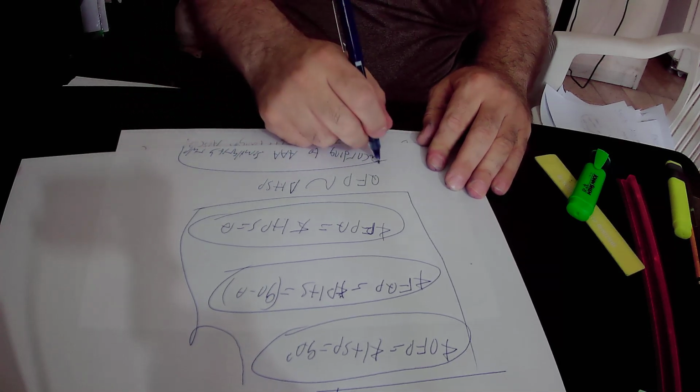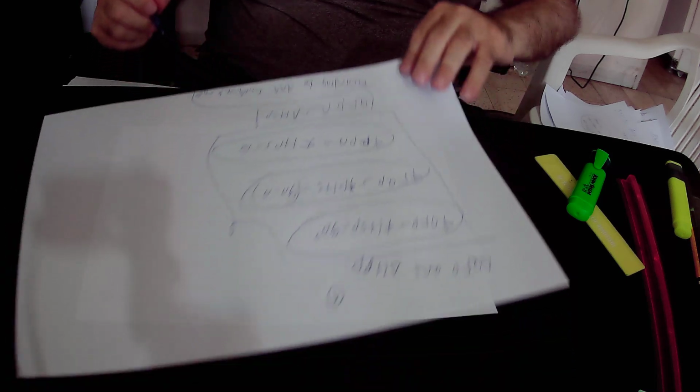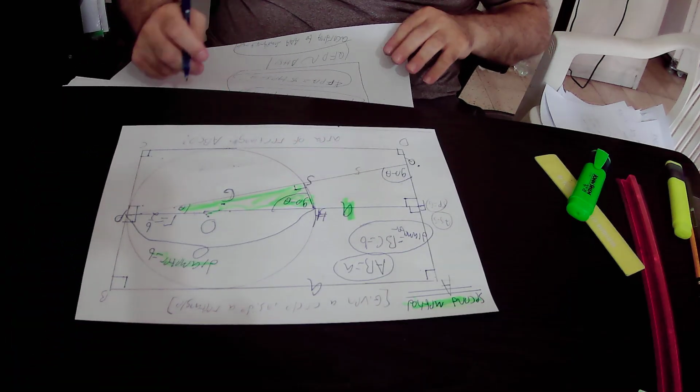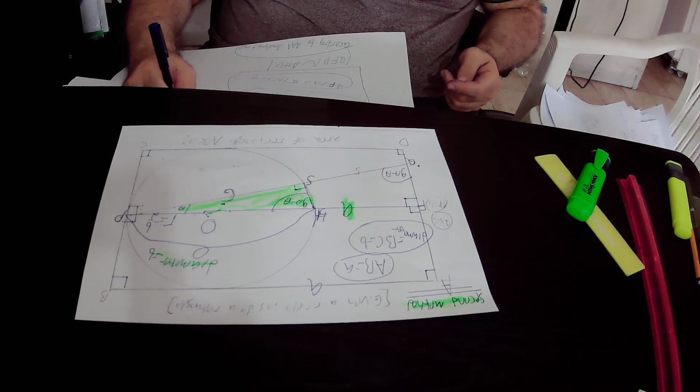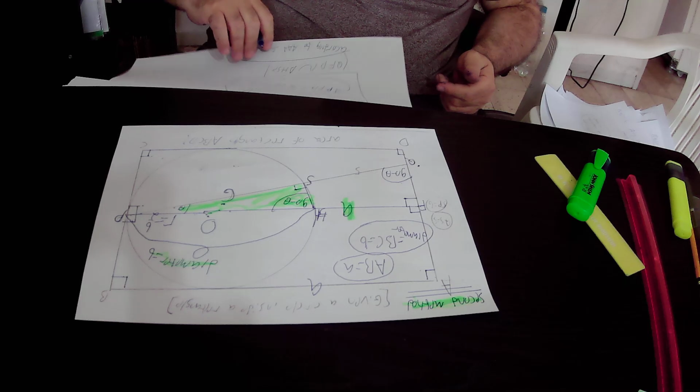Okay, and from the fact that those two right triangles are similar to each other, we conclude that the following relationship exists between their sides.